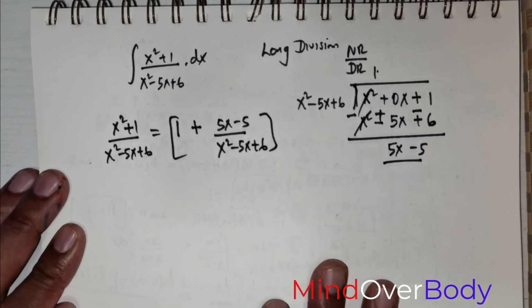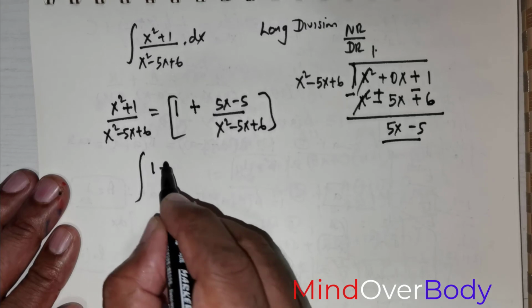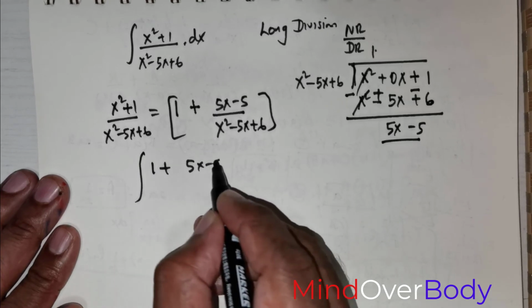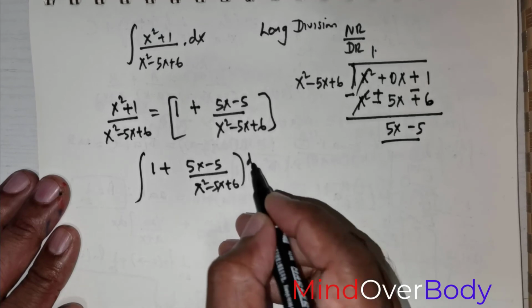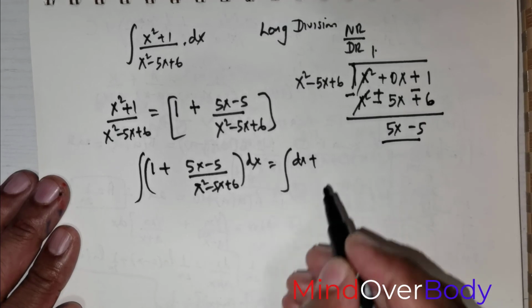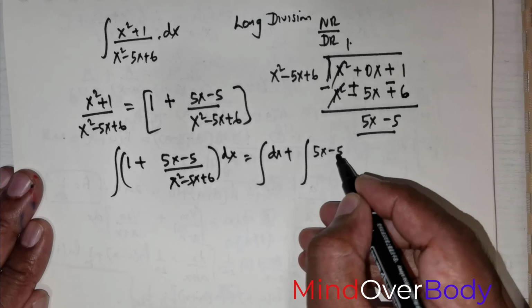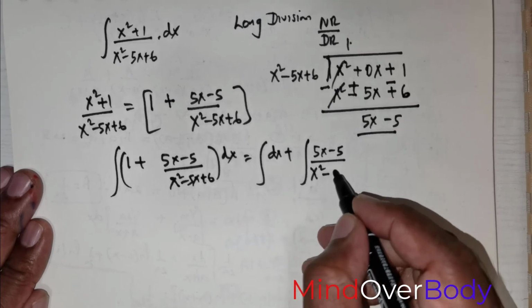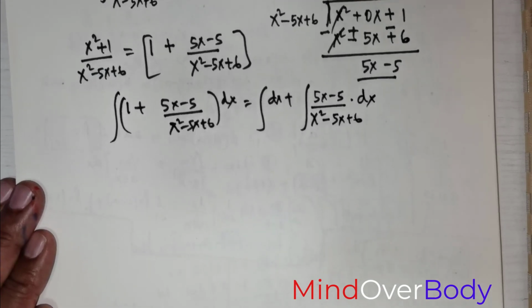Therefore if we were to integrate this, it is the integral of 1 + (5x - 5) divided by (x squared - 5x + 6) times dx. I can rewrite this as the integral of dx + the integral of (5x - 5) divided by (x squared - 5x + 6) times dx. This is what I have got. Now from here we can move on to integrate.